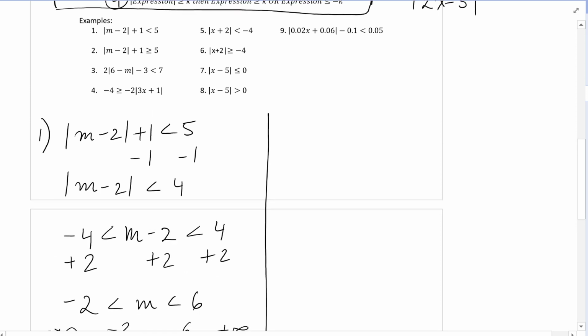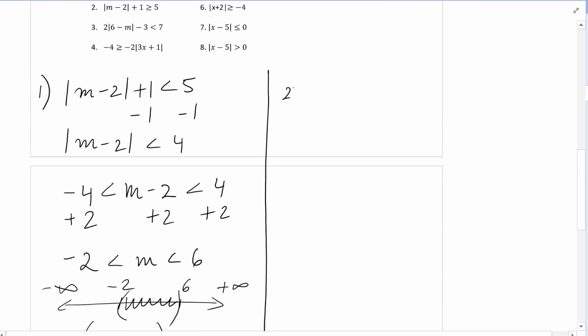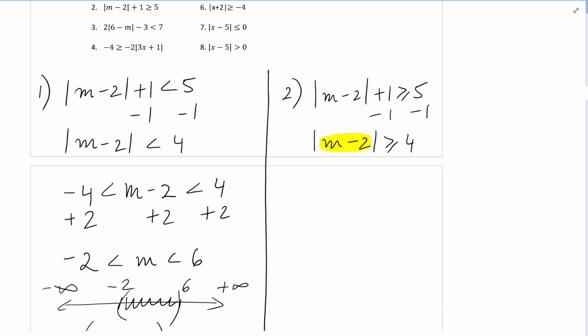Let's solve another one. Let's solve problem 2. So problem 2 is absolute value of m minus 2, plus 1, greater than or equal to 5. So again, we subtract 1 and we get absolute value of m minus 2 greater than or equal to 4. So the numbers that you can have inside here can be 4, 5, 6, and of course decimals as well.